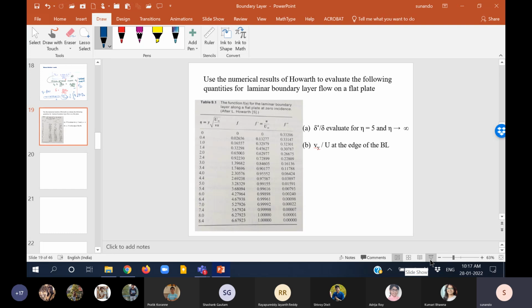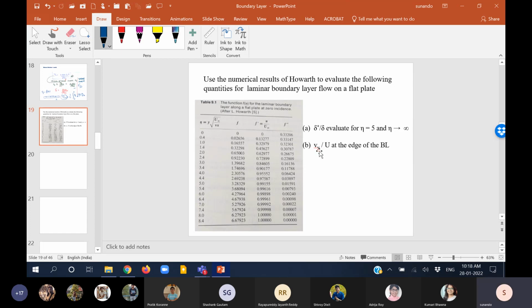This part of the class will be some sort of a tutorial. The first problem that we are going to discuss is these are the numerical results I have already discussed with you, and you need to find out what is delta star by delta, where delta star is the displacement thickness. Evaluate the numerical value of this ratio for eta equals 5 and as eta tends to infinity.